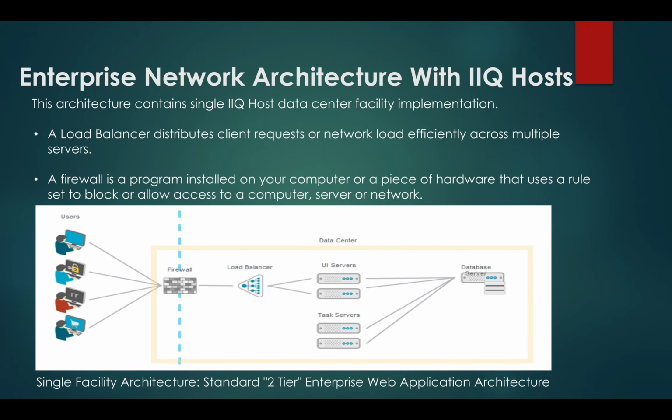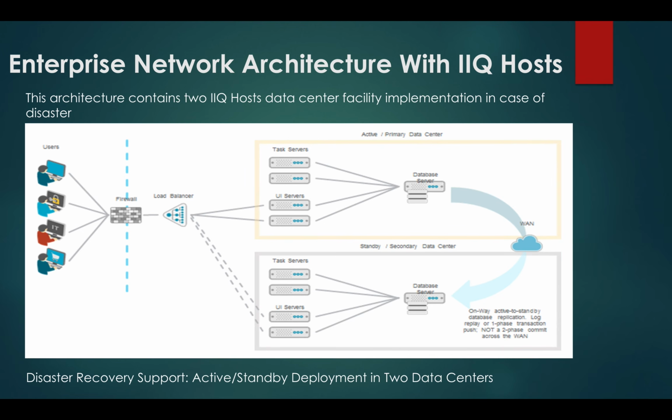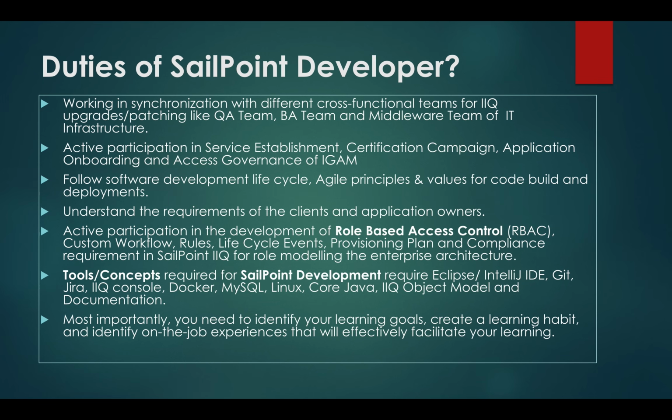The single facility two-tier enterprise architecture comes with a redundant standby or secondary data center. This kind of redundant disaster recovery enterprise network architecture of SailPoint is implemented so that during the outage of the primary data center, the secondary data center can handle the normal operation of the IAM system.